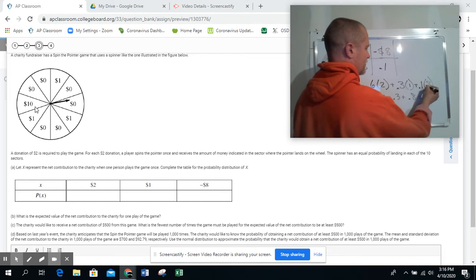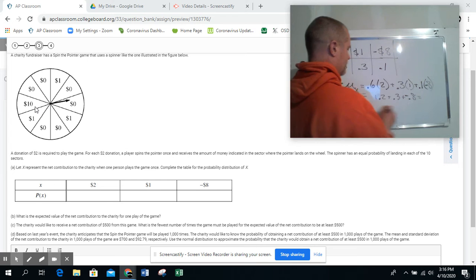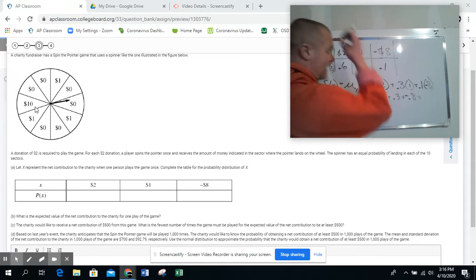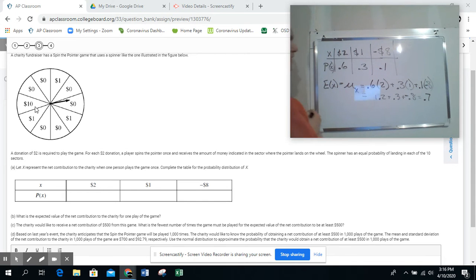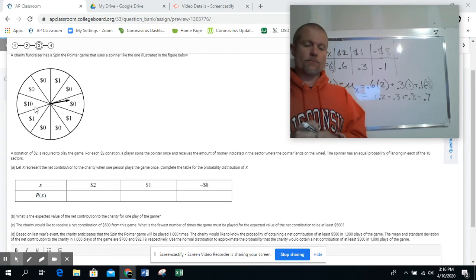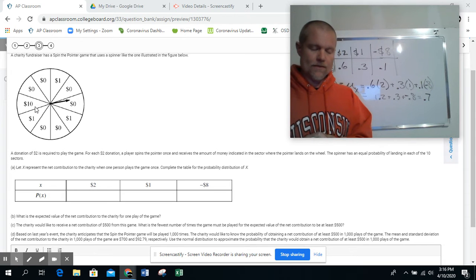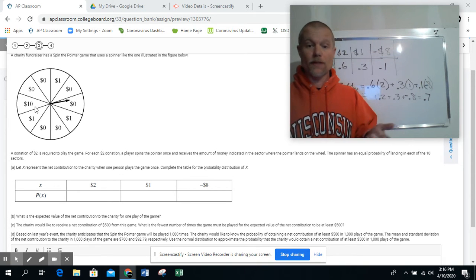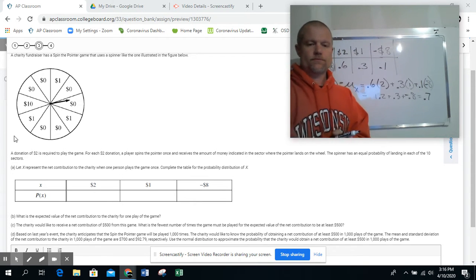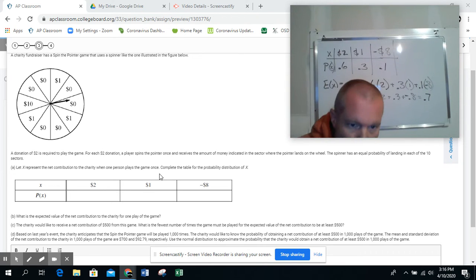Oh, this is negative, so minus 0.8 is 0.7. Is that right? Just take a minute and make sure I got that right. Yes, 0.7. So that means that if we played this over and over again, the charity is going to average $0.7, or 70 cents, per play of this game per person that plays.